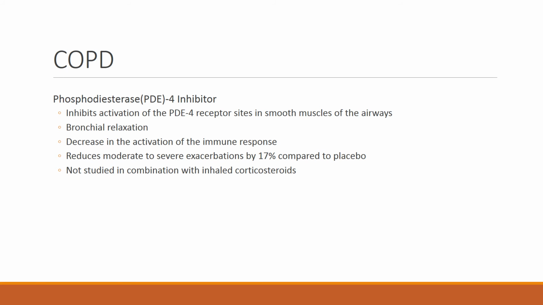And it has worked very well in reducing exacerbations. So it really works to relax those muscles and has been a good option. Reduced compared to placebo by 17%. In studies, it has not been used in combo with inhaled corticosteroids, but you'll see from some of the guidelines that it isn't prohibited.